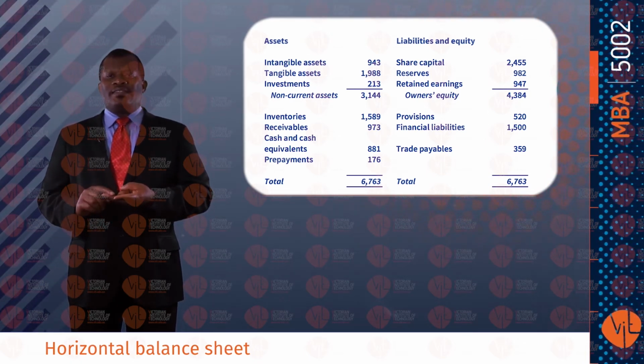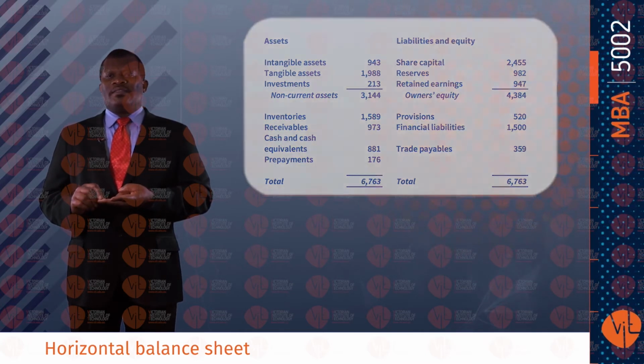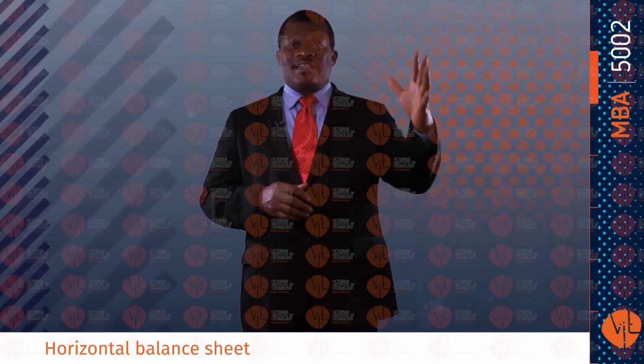But the owner's equity is the funds that has been provided by the owners of the organization. And so if you are using the horizontal presentation, all the resources, that is the assets, are on the left, and then the right column has got the liabilities and owner's equity.